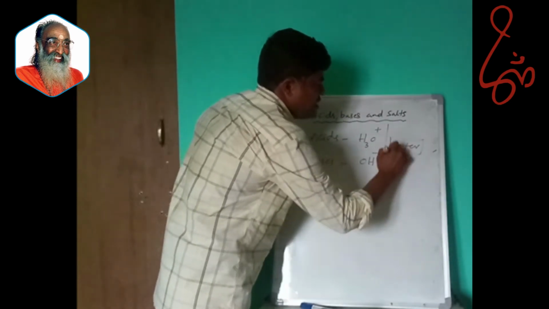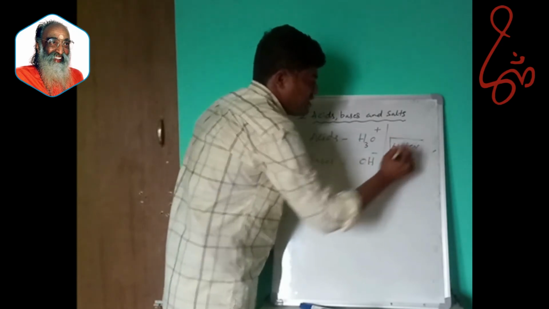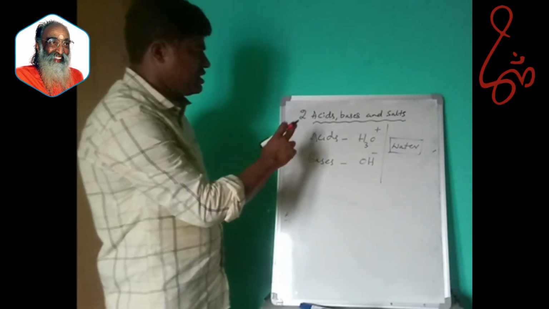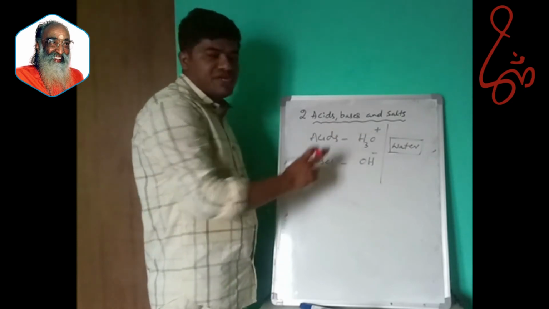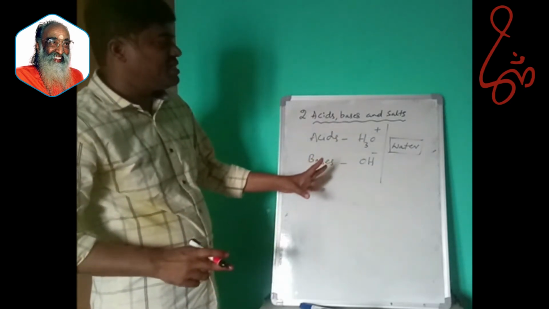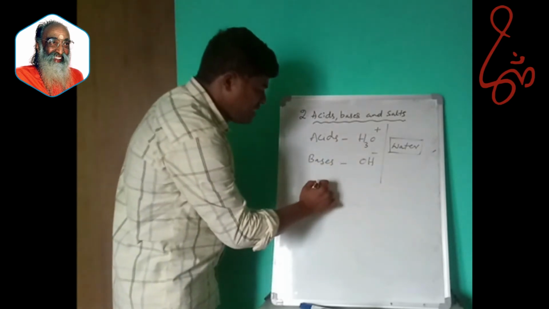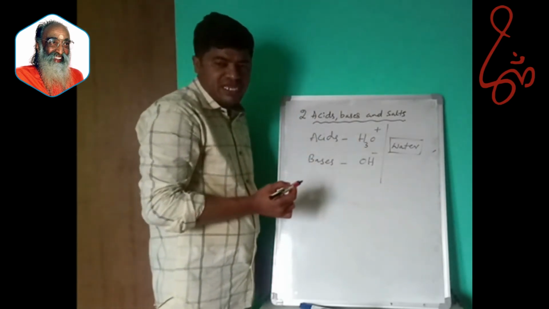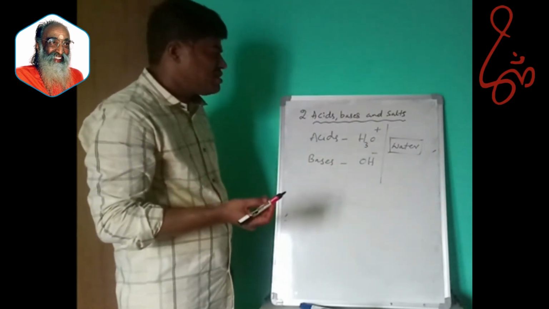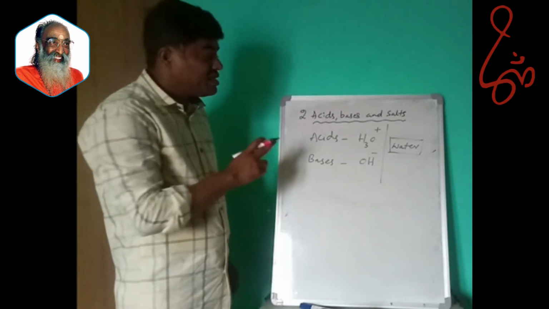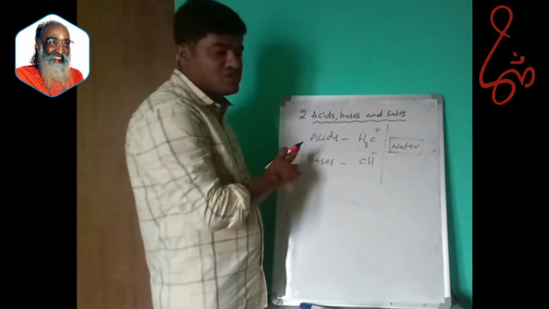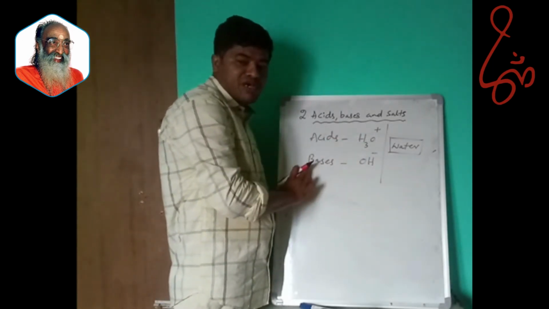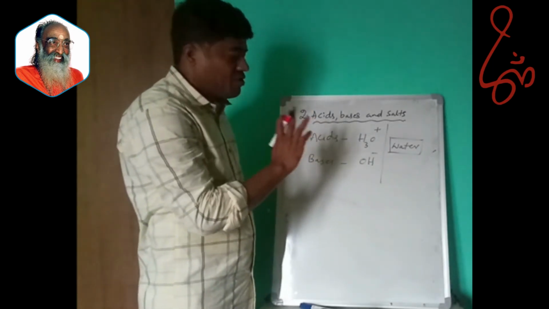They generate hydronium ions or hydroxide ions only when dissolved in water. Why is water very necessary? To separate H+ ions from HCl and to separate OH- ions from NaOH. So what happens to an acid or a base in water solution? Acids give hydronium ions, bases give hydroxide ions.